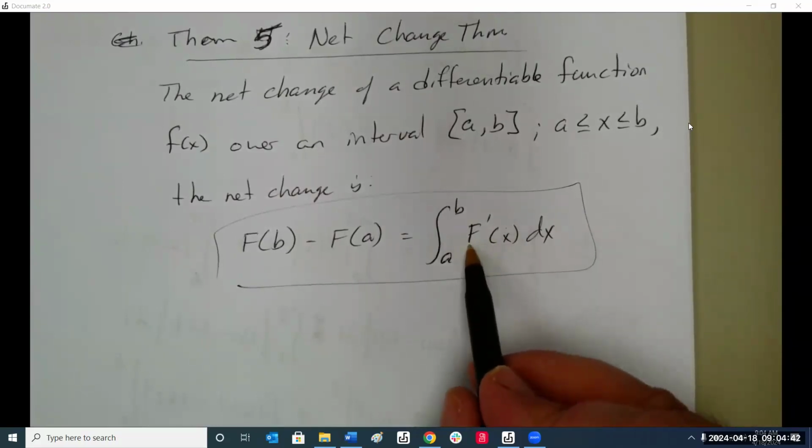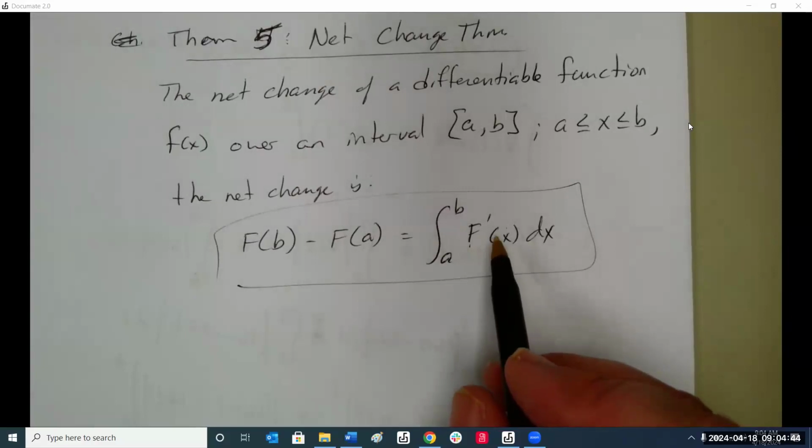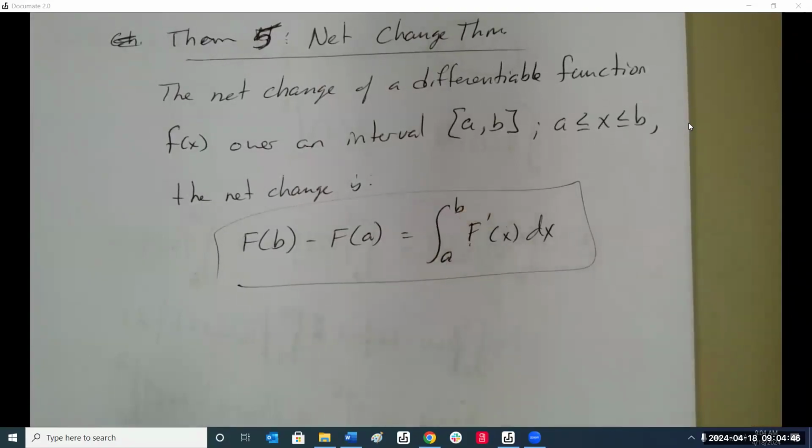So we take the integral of the derivative, find out where it came from, then take the values of the top minus the bottom. That's what the net change is.